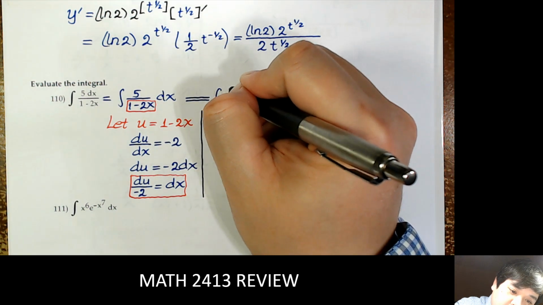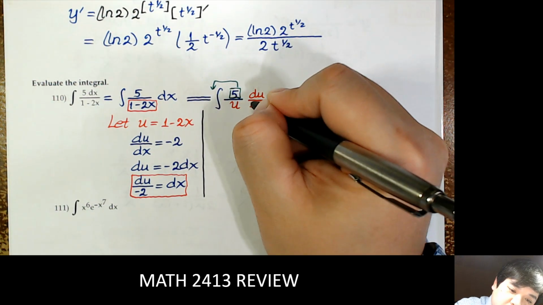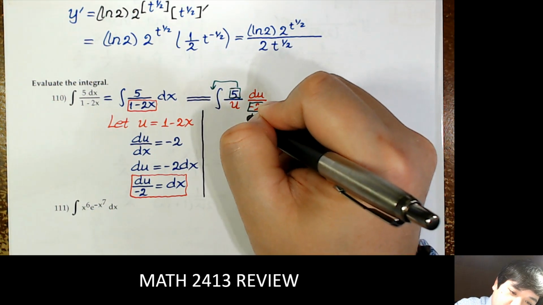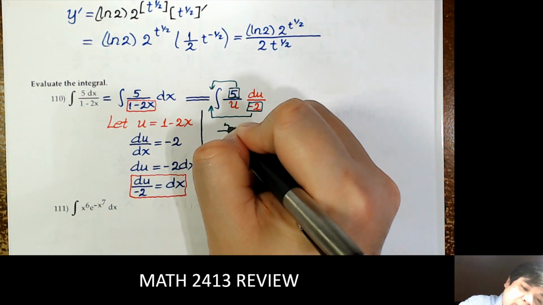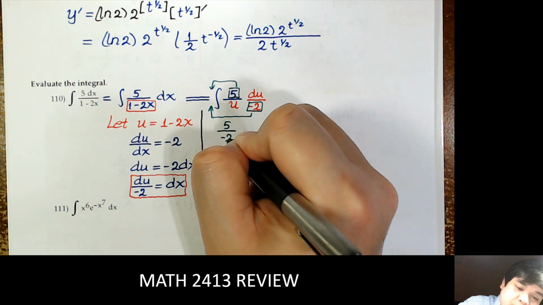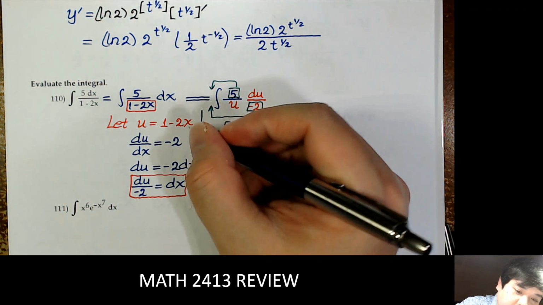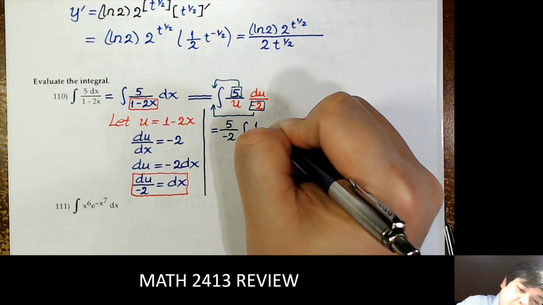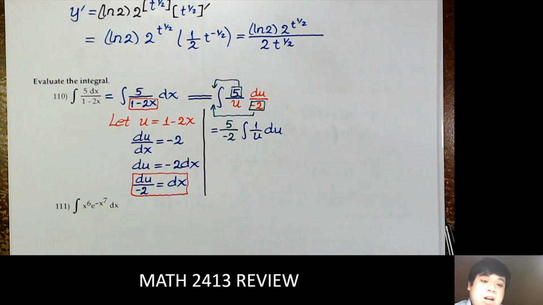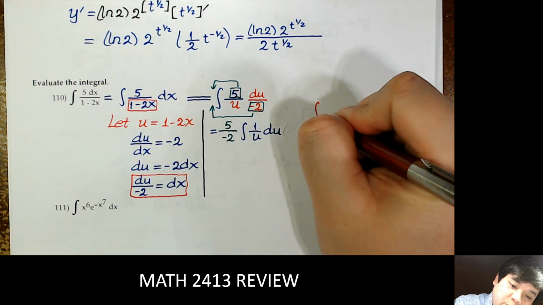The 5 is constant. Take it outside, stay on the top. Negative 2 at the bottom. We'll go outside, but at the bottom. So we have 5 and negative 2 on the outside. Inside the integral, we just have 1 over u du. Now that's easy. The integral of that is ln of the absolute value of u.